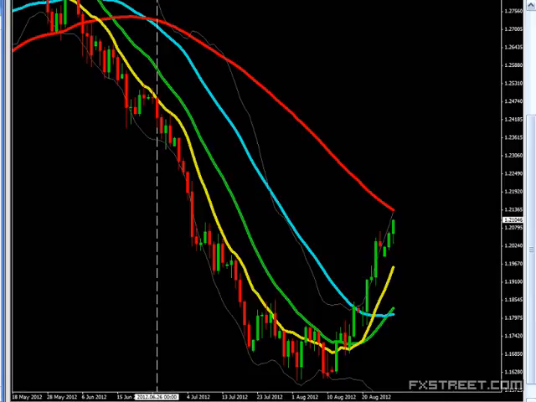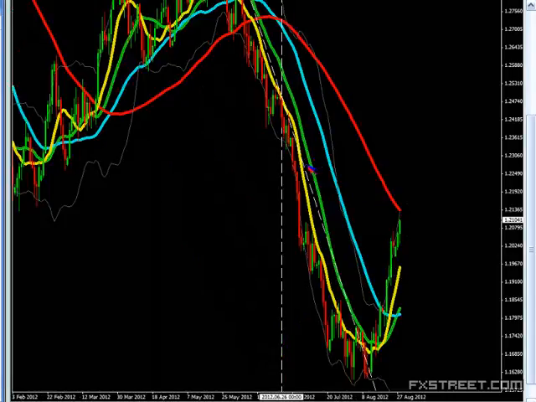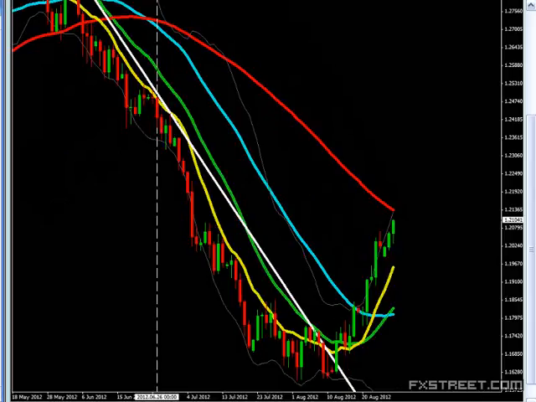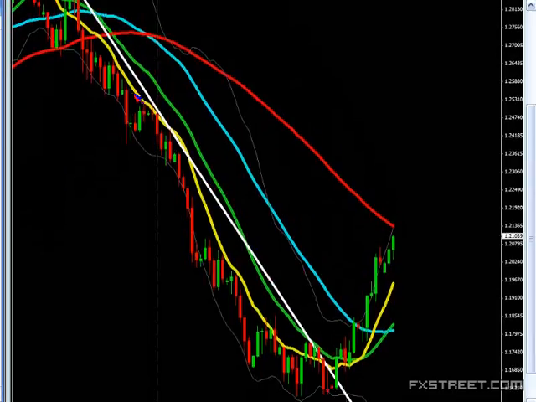Let's zoom out a little bit and draw our resistance line as follows, which is over here. We'll make this nice and dark. Zoom in. Okay, I know it's really tough. We're starting to have a lot of different lines here. But the white line, if you can see that, is our resistance.